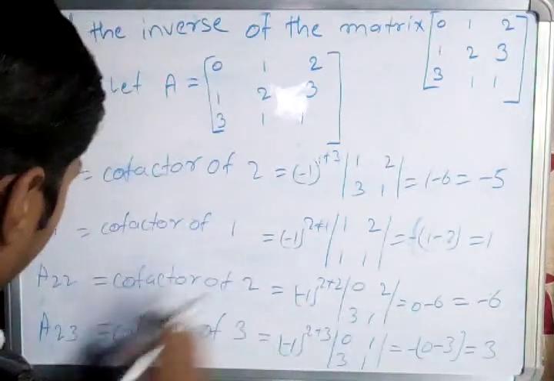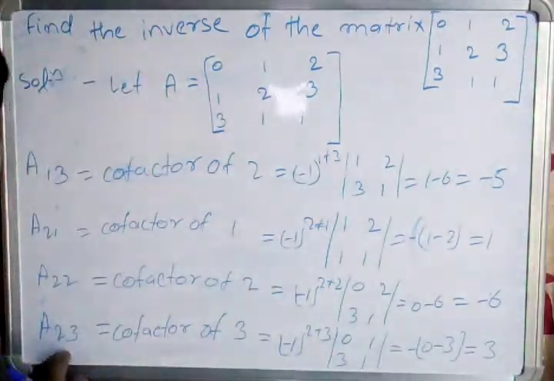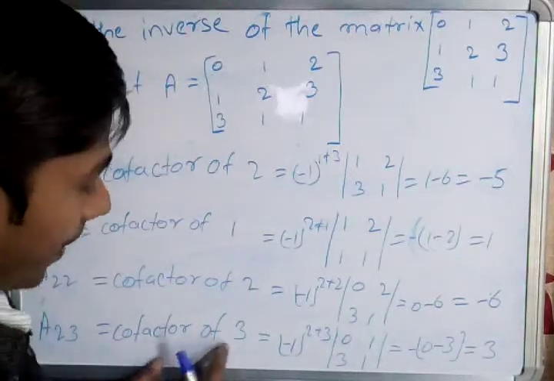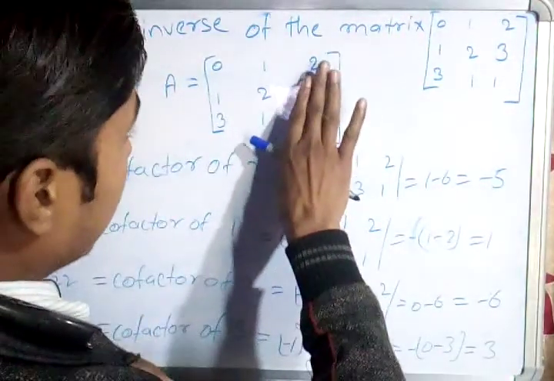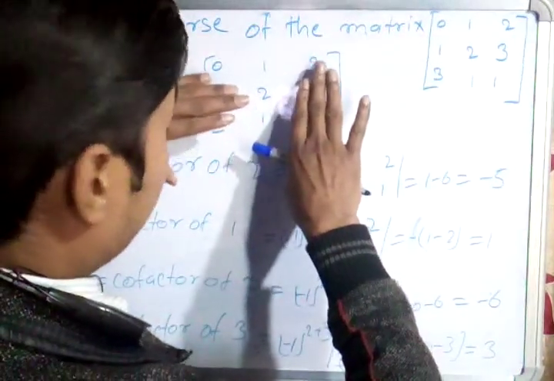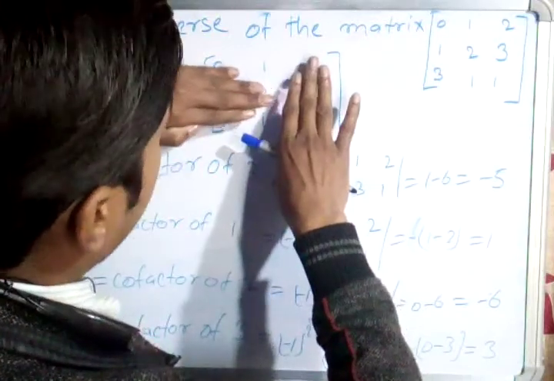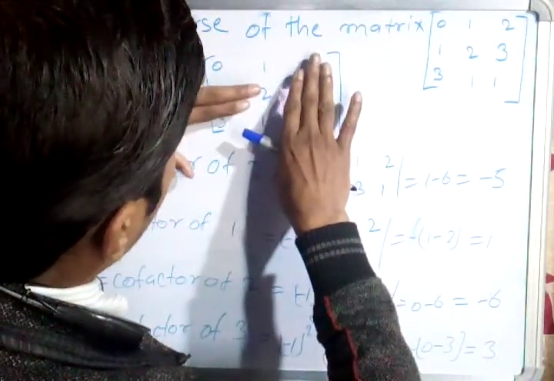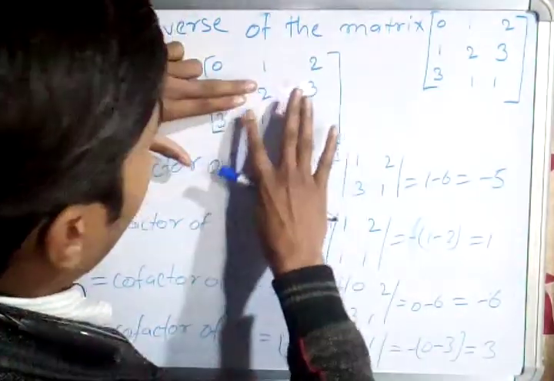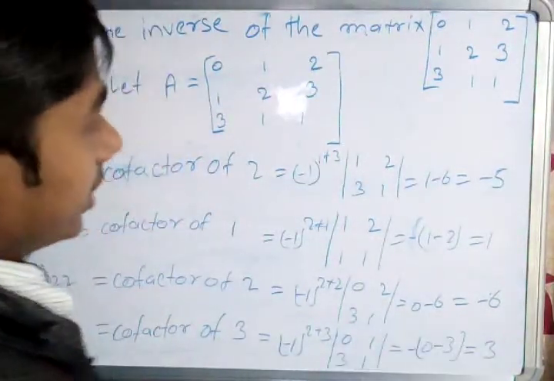A23 is the cofactor of 3: deleting the second row and third column leaves 0 1 3 1, which is equal to 3.